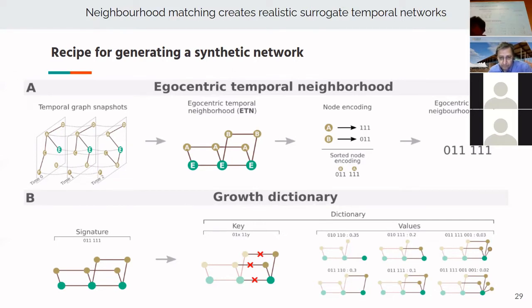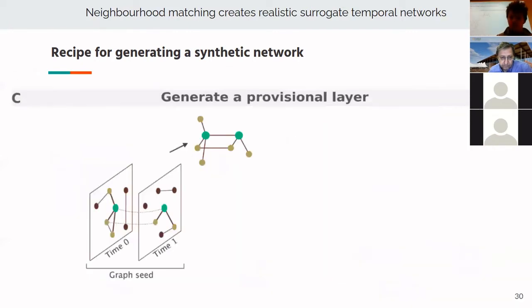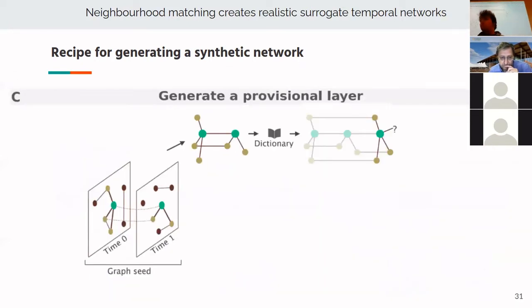Once we have this dictionary, we can start from a seed graph. So basically, two snapshots.